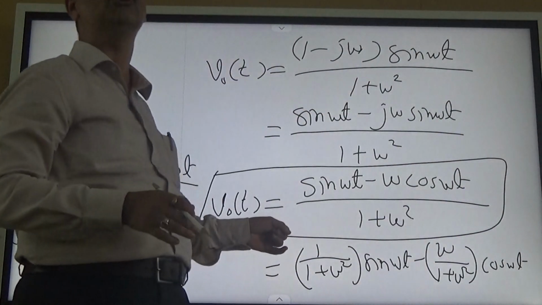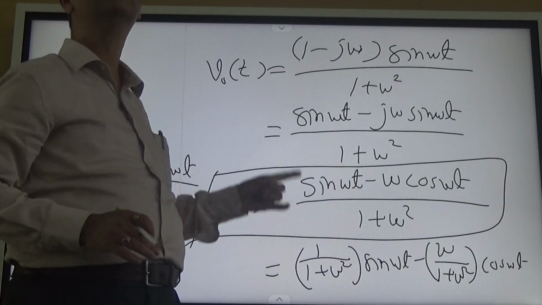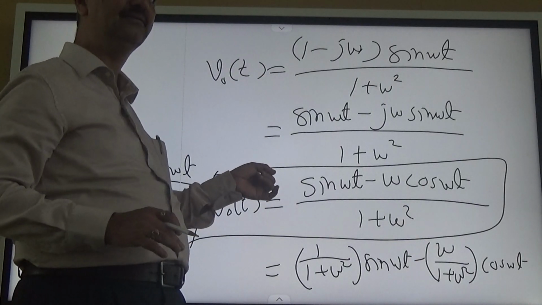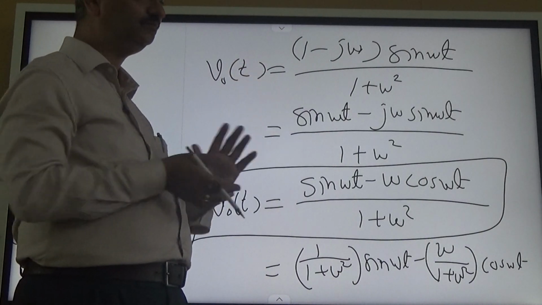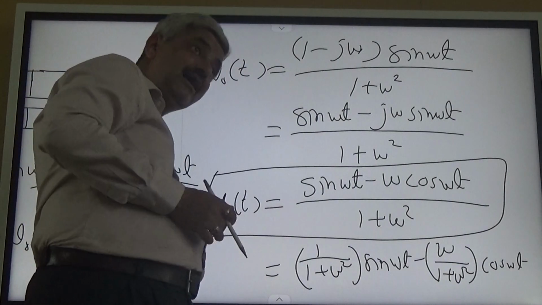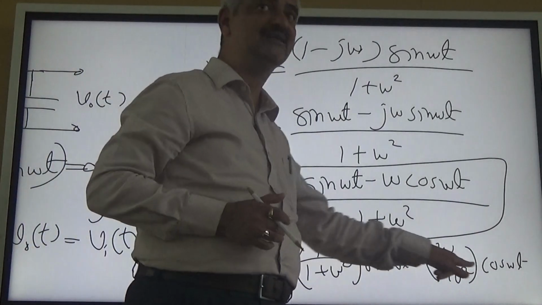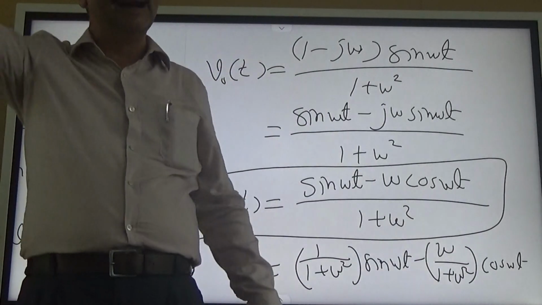And then you can reduce this into a single form. So ultimately, something sine plus something cos is always some other thing sine.